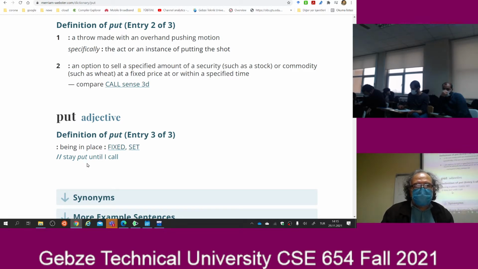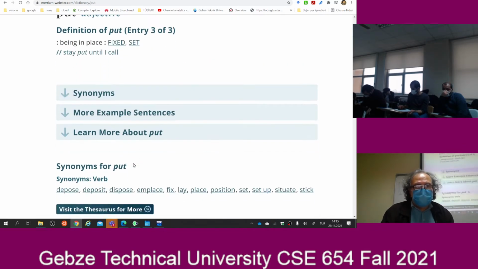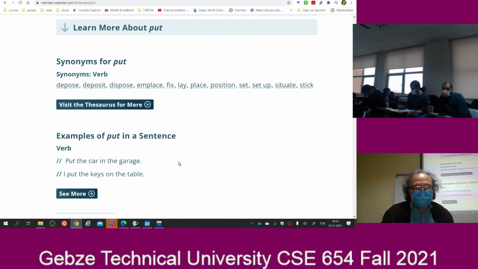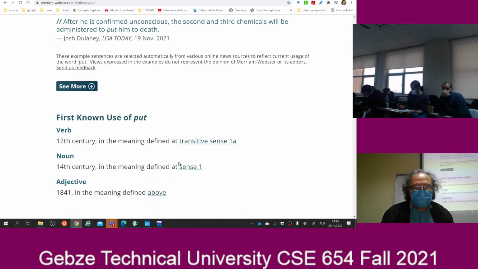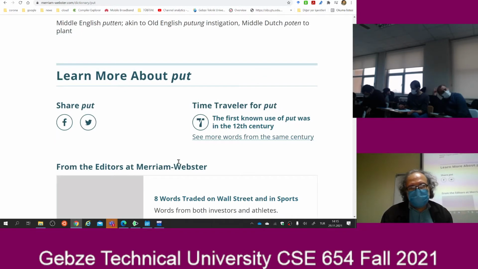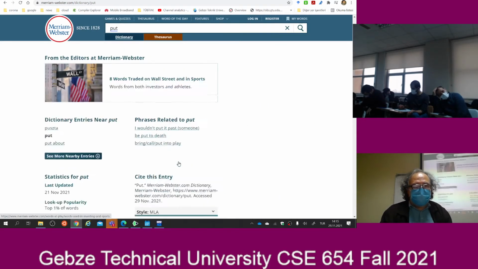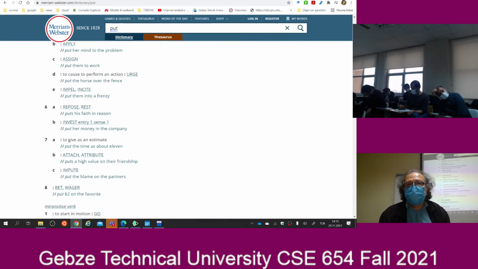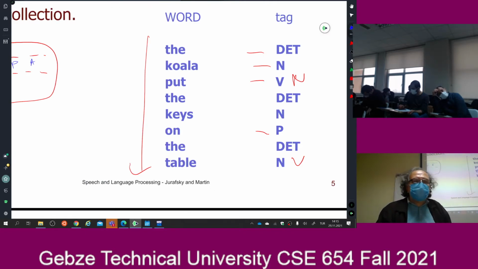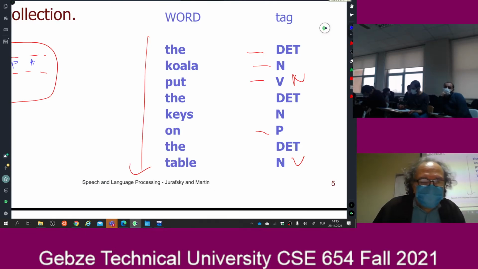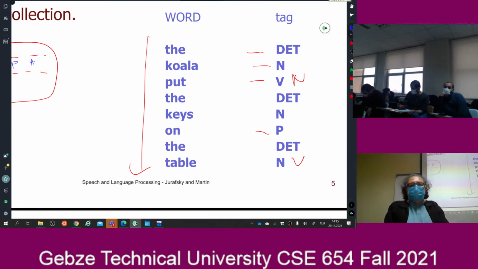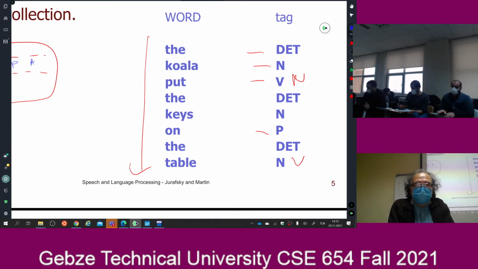Stay put until I call. Are there any other part of speech tags for put? I am not sure, but if you look at it hard, you are going to find it. Usually, the more popular the word, the more frequently used the word, the more number of part of speech tags that can happen.